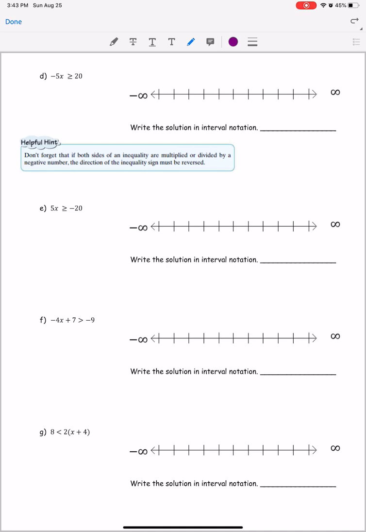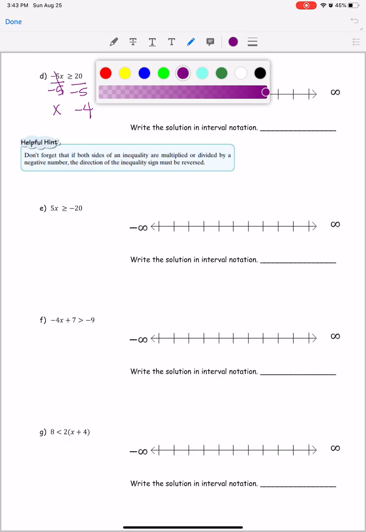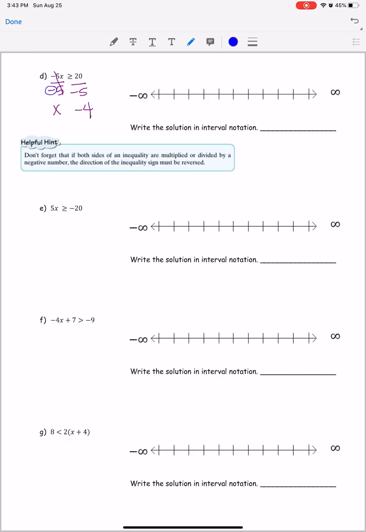To get x by itself, divide by negative 5. So you've got x, 20 divided by negative 5 is negative 4. And because we are dividing by a negative number, you have to take this symbol here and flip it.